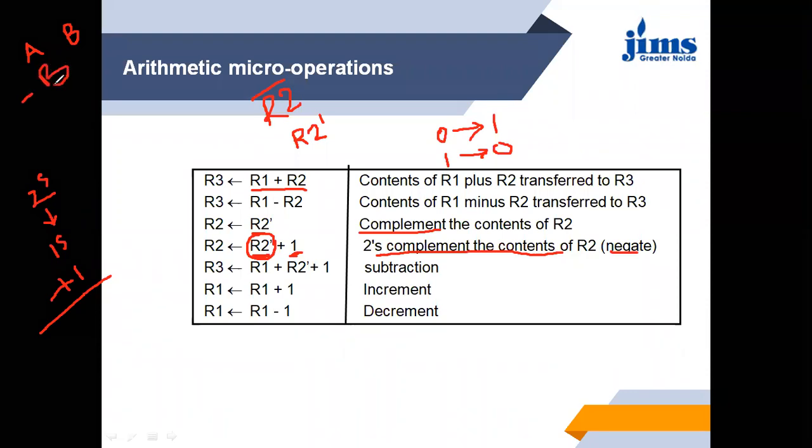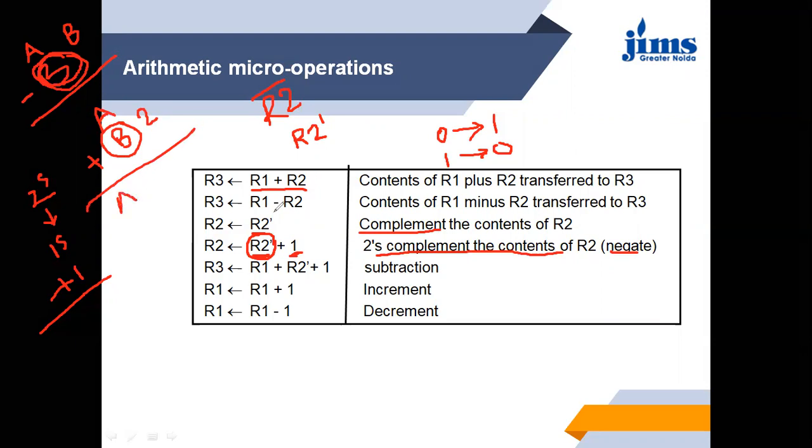But inside the computer, the computer does not recognize minus. So first we find the 2's complement of b, then we do a plus the 2's complement of b. Then we get a minus b.